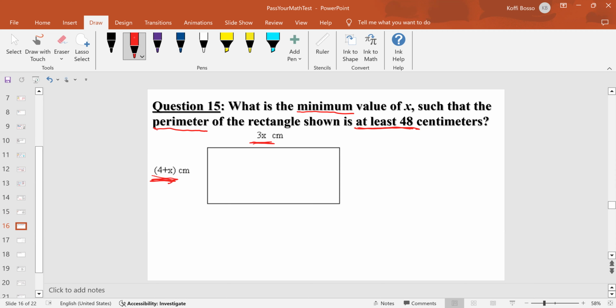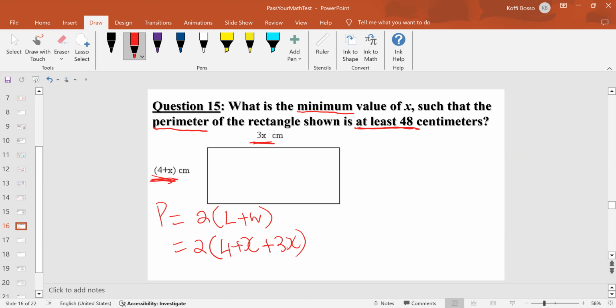Because they say perimeter, what is the formula for perimeter? P equals 2 times length plus width. So we want to figure out x, but we need to use this formula. So we're going to have 2 parentheses. We take 4 plus x, plus 3x.